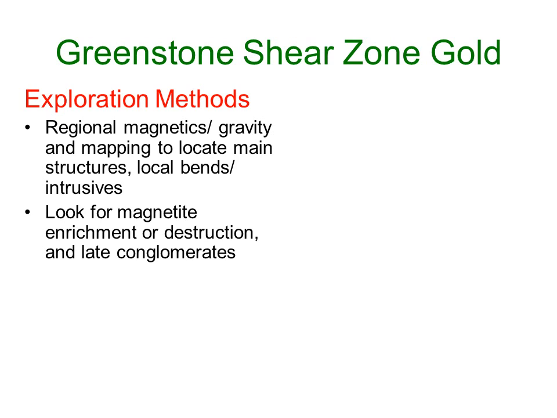So as you can see, magnetic surveys can be very useful exploration tools when looking for bends and structures that are potential hosts to greenstone shear zone hosted gold deposits.